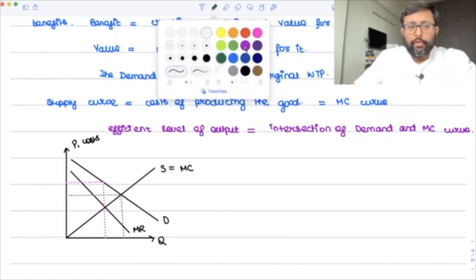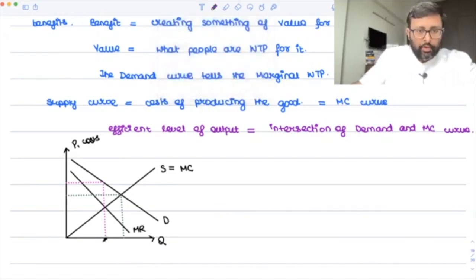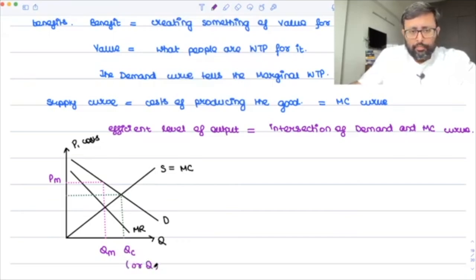So this is what the monopolist is going to produce, this is what the monopolist is going to charge. This is the competitive outcome, or you can say the efficient outcome also, where demand is equal to supply, and this is what I call the competitive price or the efficient price, right?